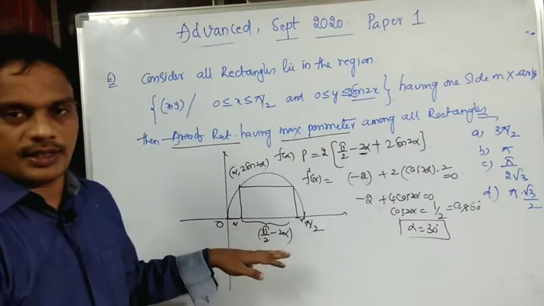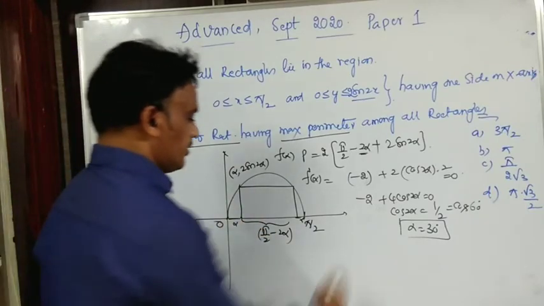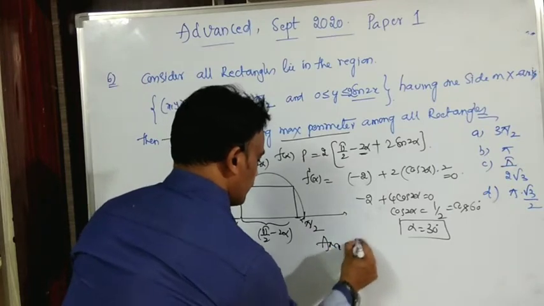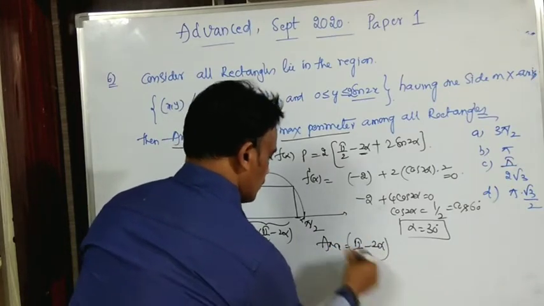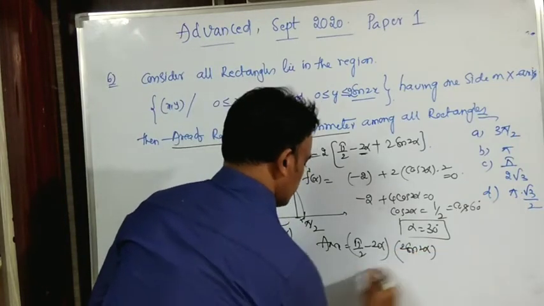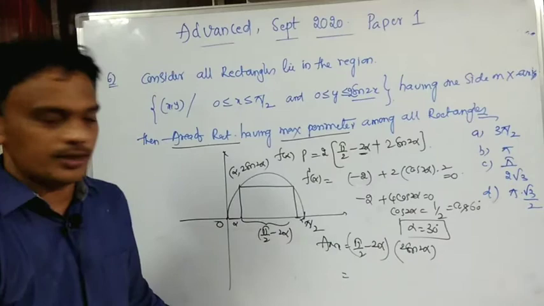In that case, what is the length, what is the breadth, and what is the maximum area? So now the area is (pi by 2 minus 2 alpha) into 2 sin 2 alpha. The alpha value will be 30.